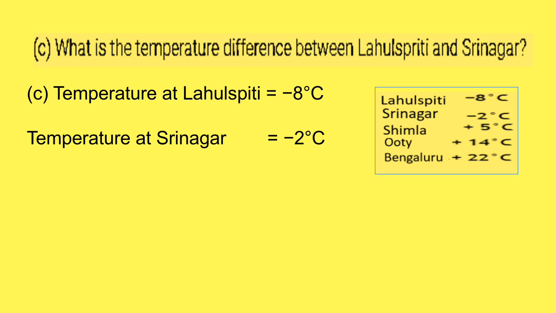So again look at the question. We have to find the temperature difference. For temperature difference I told you, you have to subtract the smaller one from the bigger one. It means you have to write the bigger one first. So here both are negative. How will you find which one is smaller and which one is bigger? It is easy.